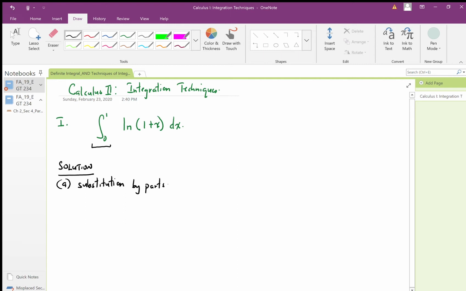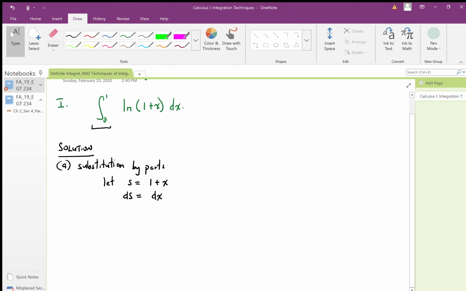I'm going to say let my s, instead of me using u, because I'm going to use substitution and integration by parts, so I want to use letters that are not what we normally use, equals 1 plus x. And if I take the derivative of that, ds is going to be dx.